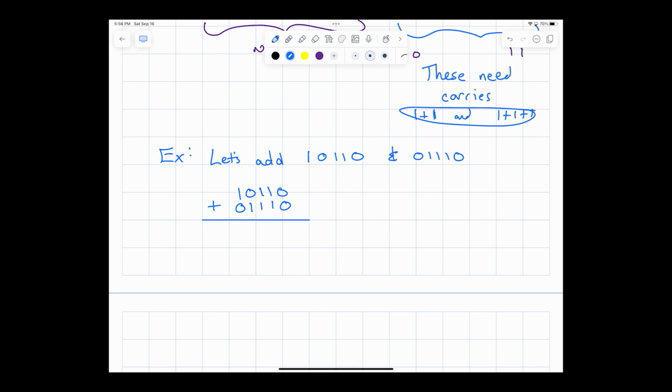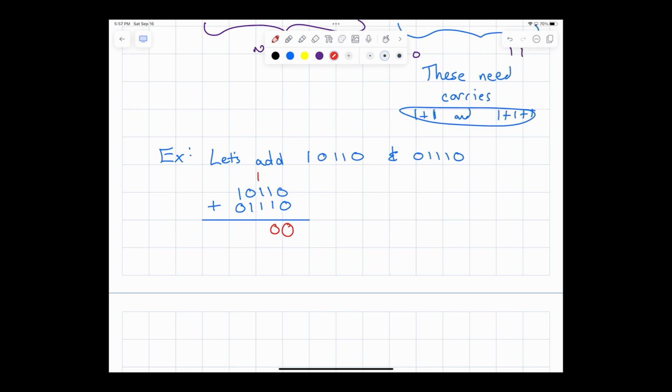We go through and add them using the normal rules for addition. You add here first. 0 plus 0 is 0, no problem. Then you move over to the next column. We add the 1 and the 1. 1 plus 1 is 2, of course, but we write that as 0 and carry a 1.